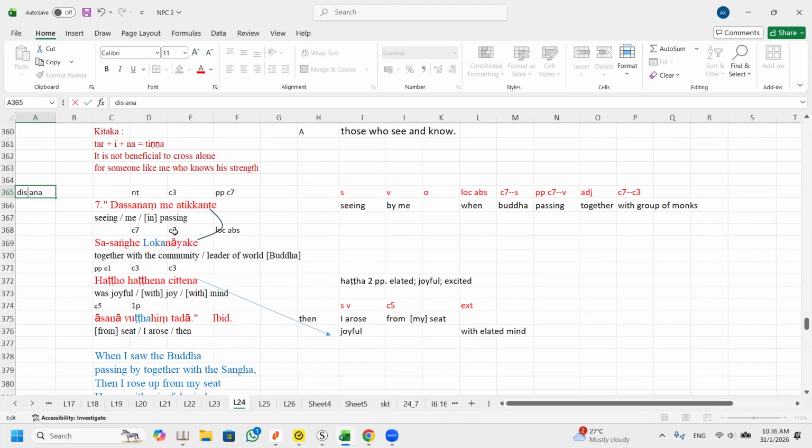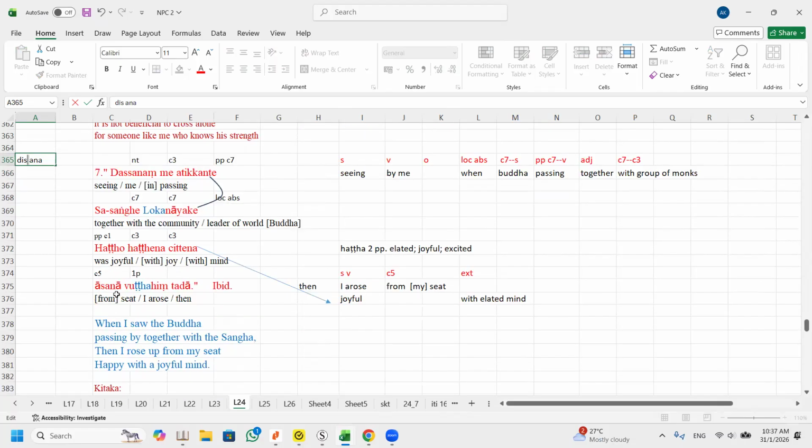Then this is a compound: loka plus nayaka. Nayaka is atikanta, so this one is the same. All right. Then this is hattho, hand, hattha, hand, hattena, hand, cittena. These two are the same case. Then can you see asana?